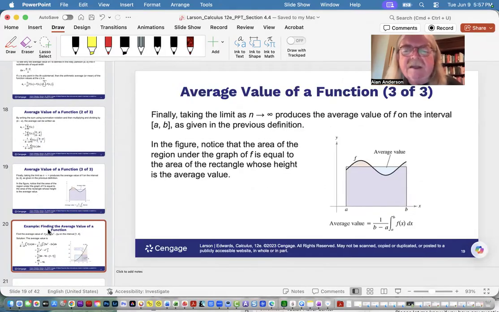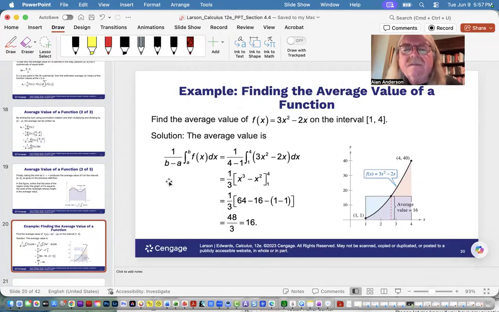Okay, so here's an example. Great. So the function is 3x squared minus 2x.